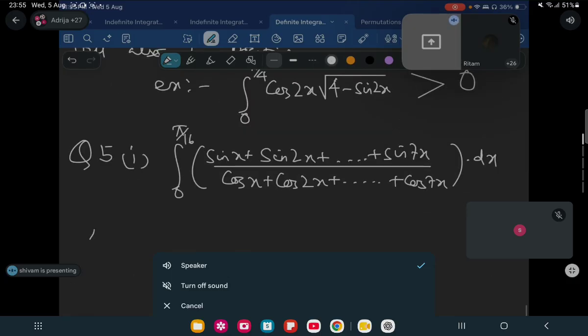Quickly solve. Part 2. Limit n tends to infinity, integral from 0 to 7, e to the power x. So the upper limit of the first question is pi by 16. Quickly solve, everyone.